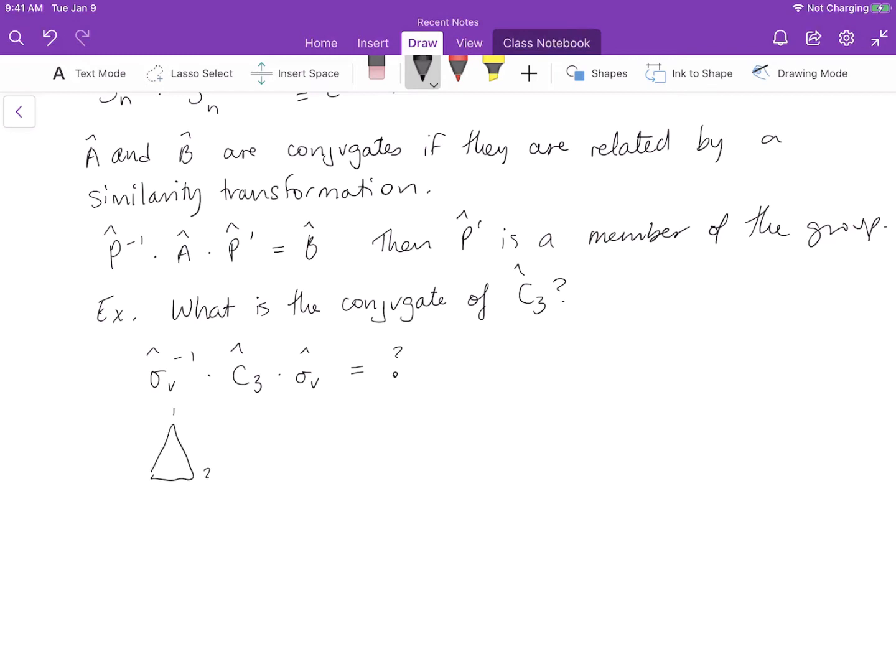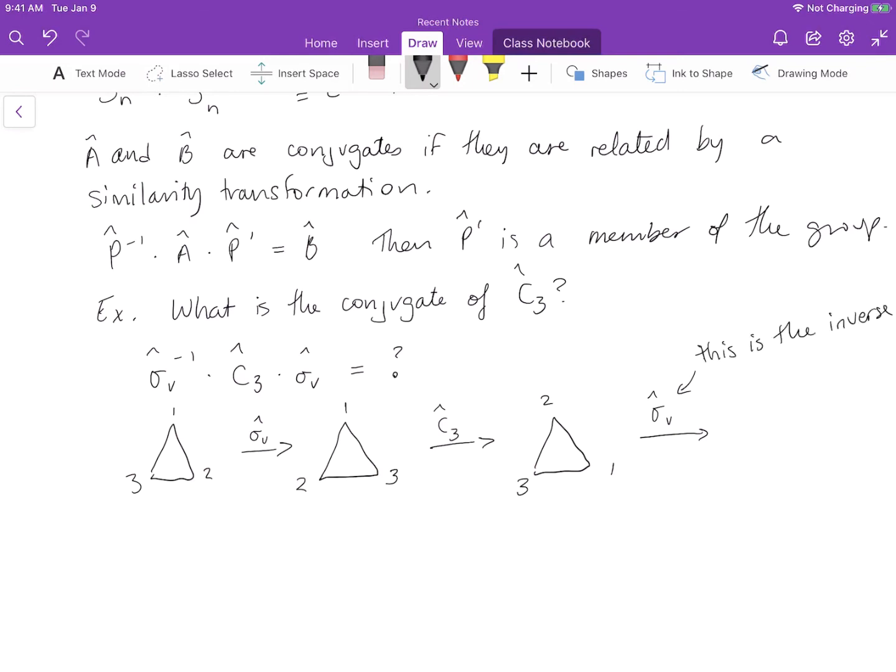So we're going to start with our same triangle. Going to do our sigma v first. Then we're going to do our C3, just like before. And now we do another sigma v. So remember, this is the inverse of sigma v.